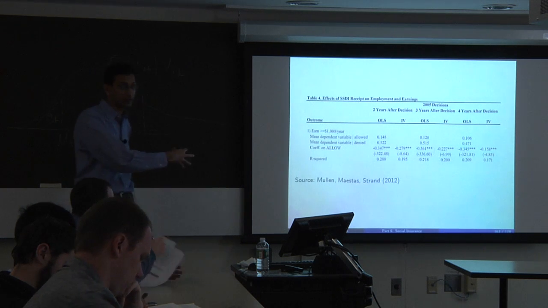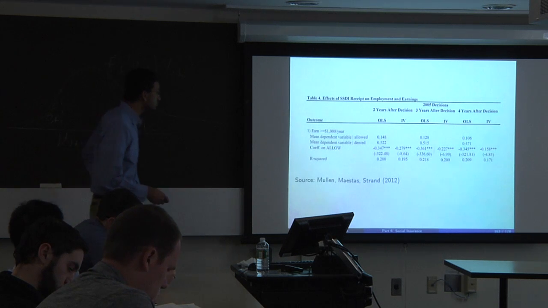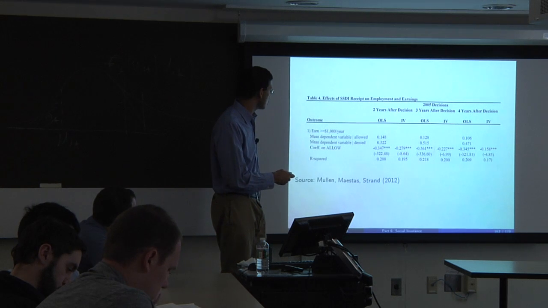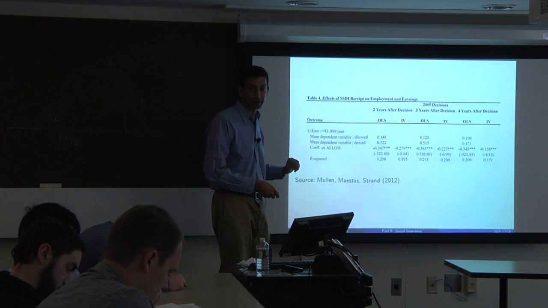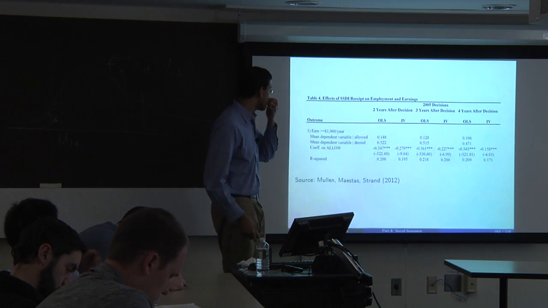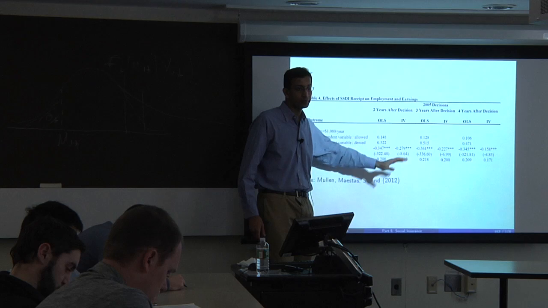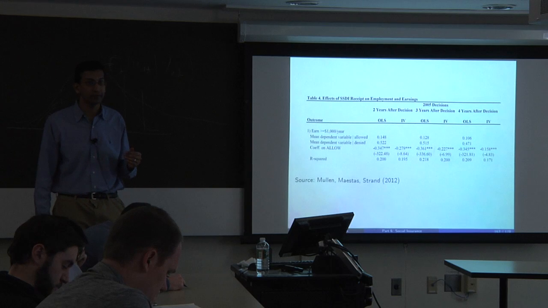Okay, so here's what they actually get when they run those IV regressions. So look 2 years after the decision. The outcome is whether you're employed. Are you earning more than $1,000 a year? And this estimate here tells you that you're 28 percentage points less likely to be working if you got DI relative to not getting DI.